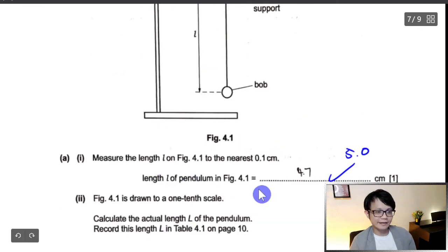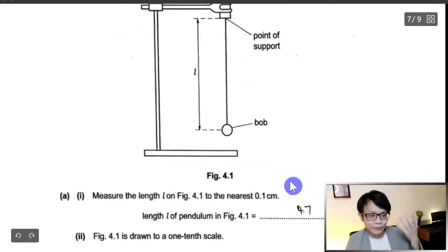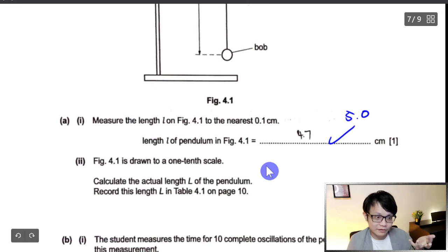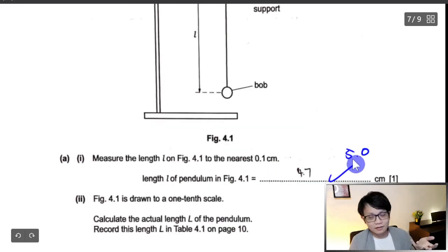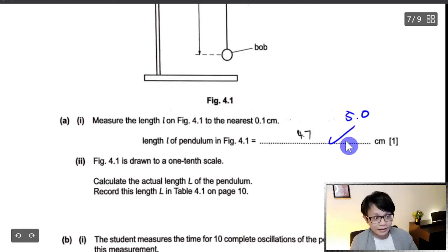Measure the length, so the answer is 5.0. Of course the student wrote 4.7. The reasoning is still correct because the student printed out the paper, so he didn't get the actual scale, but it's still okay. But if you put 5, then it will be wrong. It must be to 1 decimal point, either 5.0, 5.1, 5.2, 5.3.